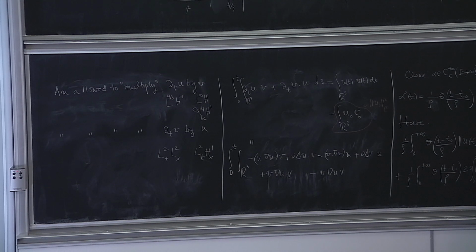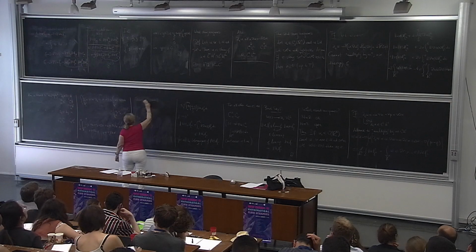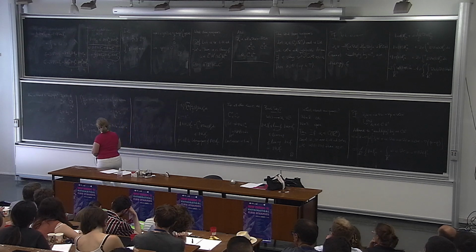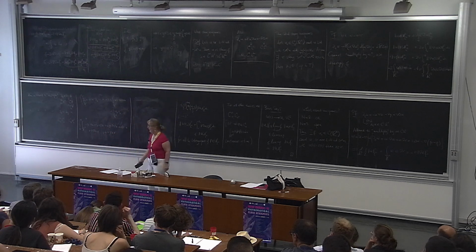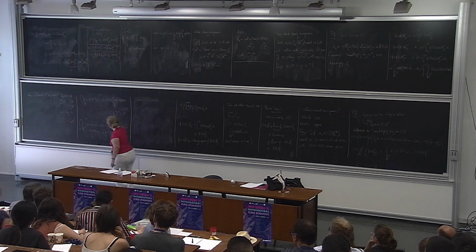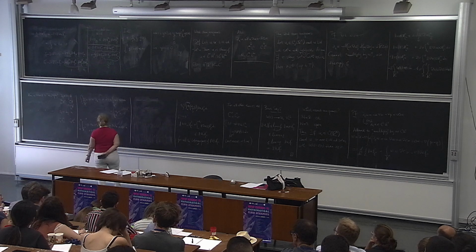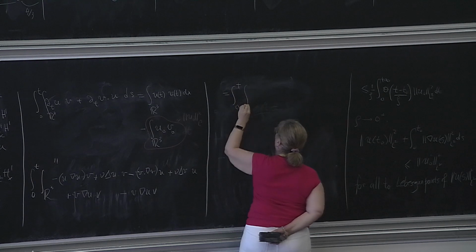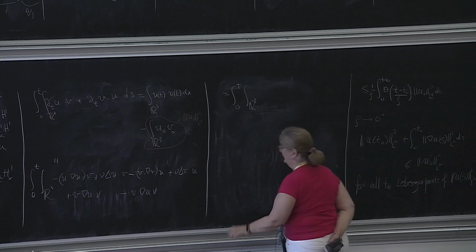So what happens here? This guy here becomes w dot grad u times v, and this term here becomes v dot grad w times v, right?